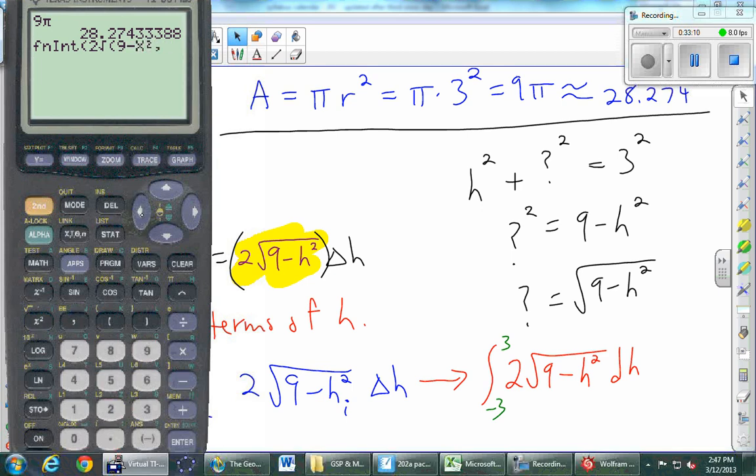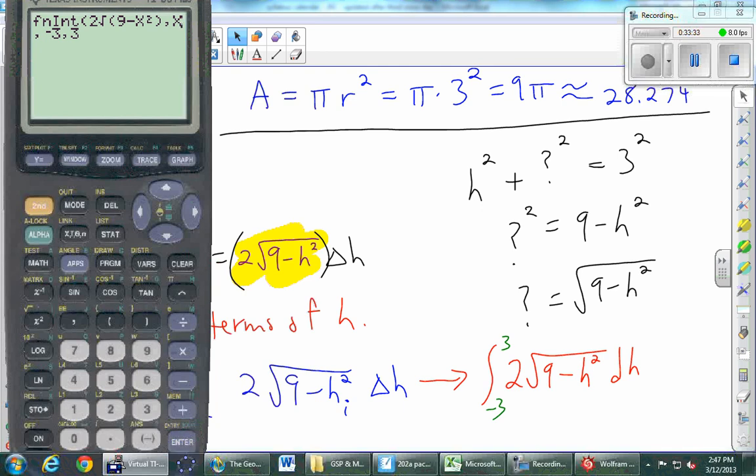I need parentheses, comma, x, comma. All right, we're going to cross our fingers that -3, comma 3 will work. Okay, I think we've typed it in right. We were expecting that 28 point something answer.